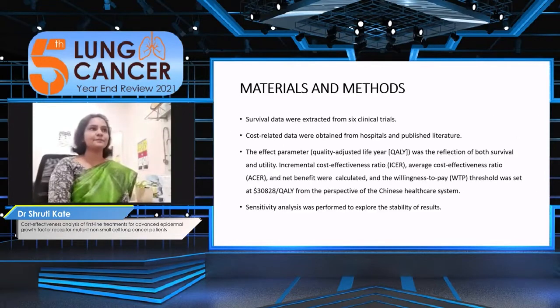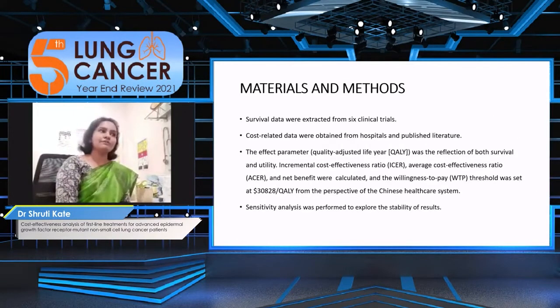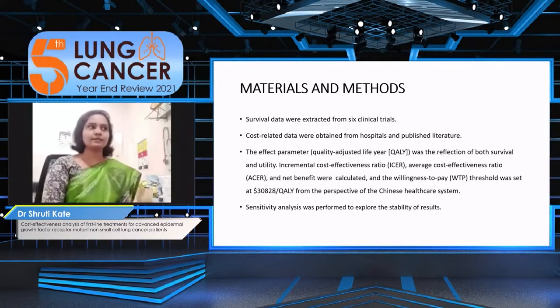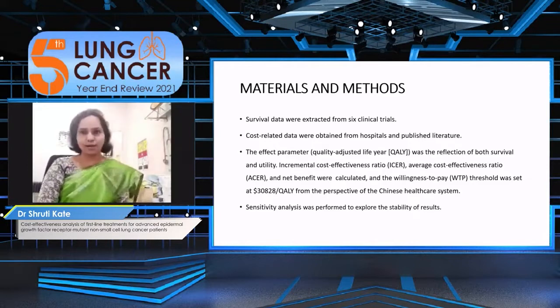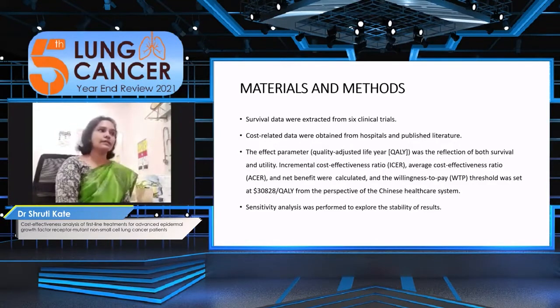Next slide, please. So survival data was extracted from 6 clinical trials. We would see which ones these were. These were all trials which had OS data. Cost related data were obtained from the hospitals and published literature. The effective parameter, quality adjusted life year, was the reflection of both the survival as well as utility.